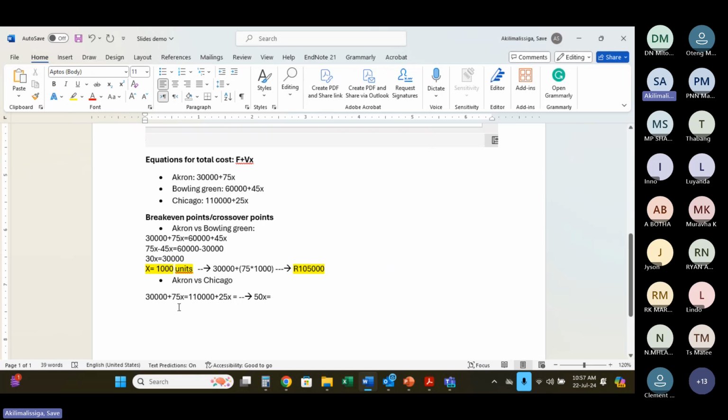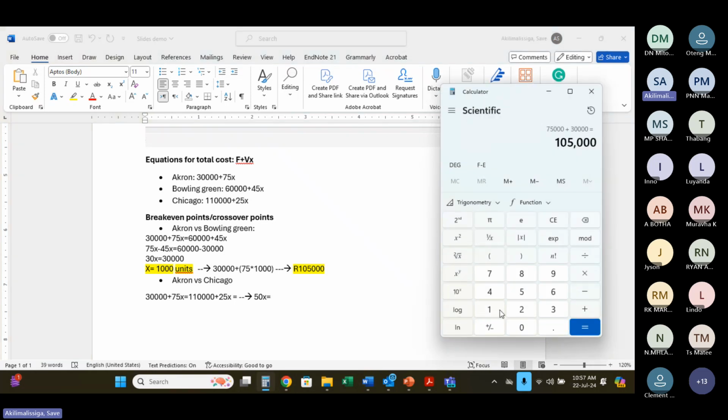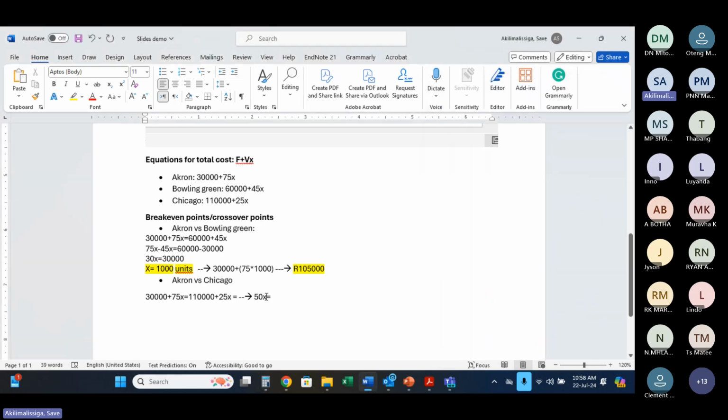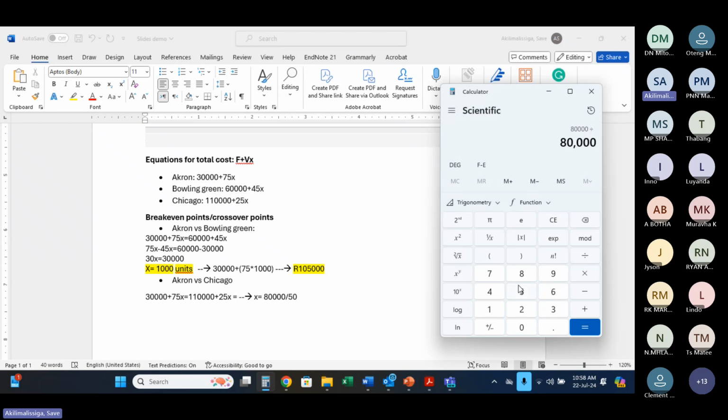And on the other side, you're going to have 110,000 minus 30,000. That is 80. So in other words, we're going to have 80,000 divided by 50.